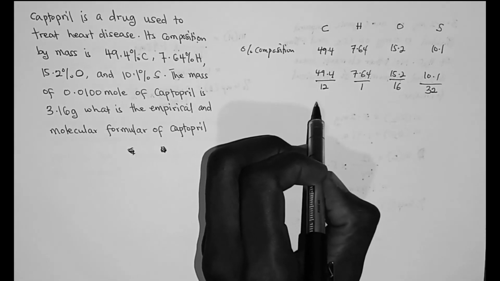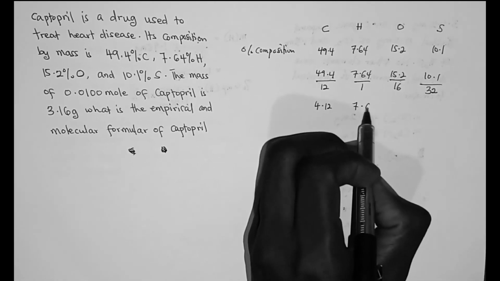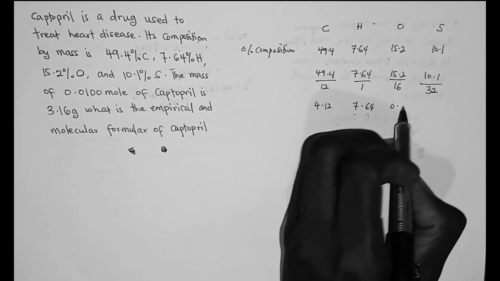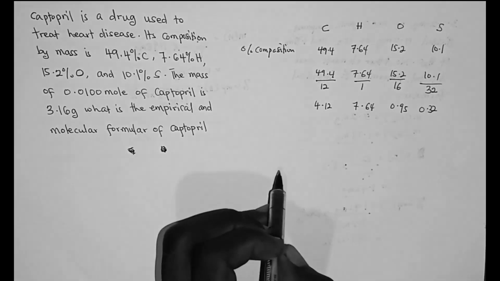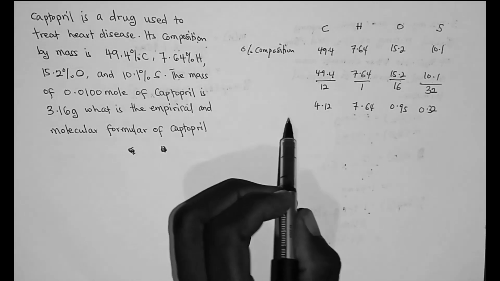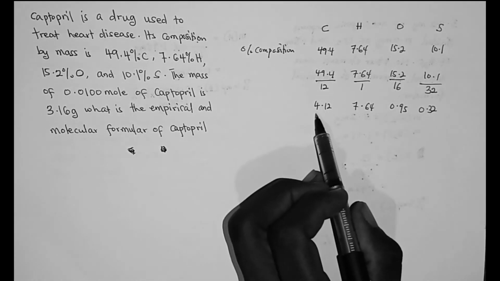So this is equal to 4.12, 7.64, 0.95, and 0.32. The next step is to divide through by the smallest value among all four.